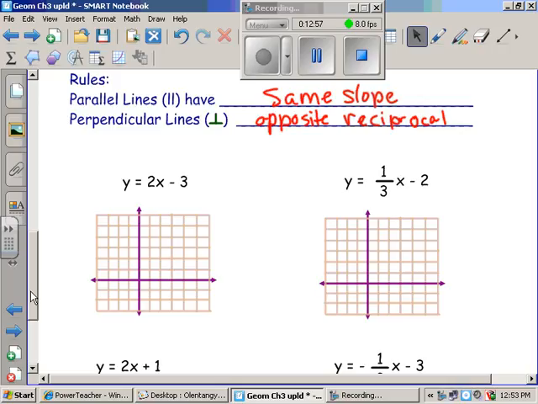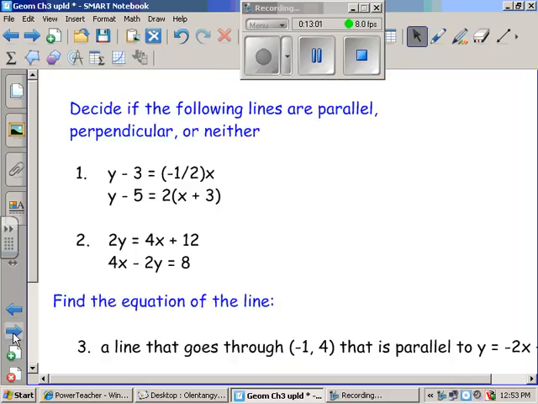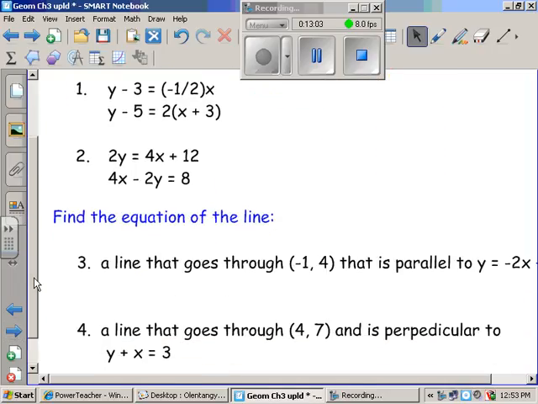All right. So if I have a line that goes through point -1, 4, and it's parallel to y equals -2x. If the lines are parallel, what can you tell me about the slope of my line? It has the same slope. Since the slope of this one is -2, my slope is also going to be -2.